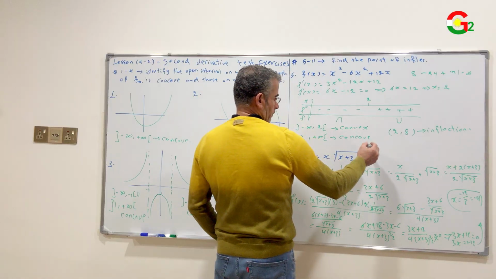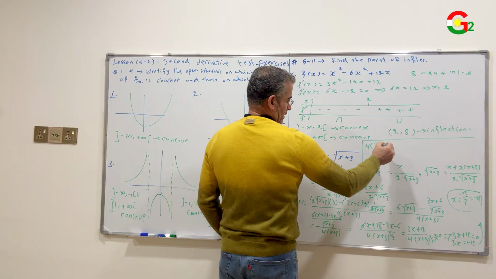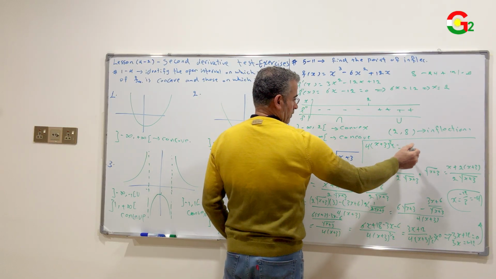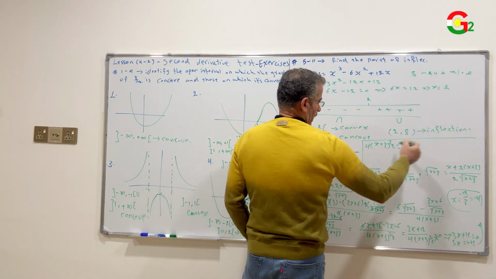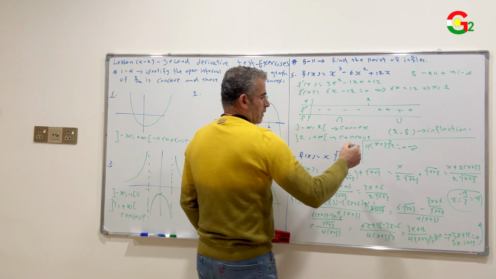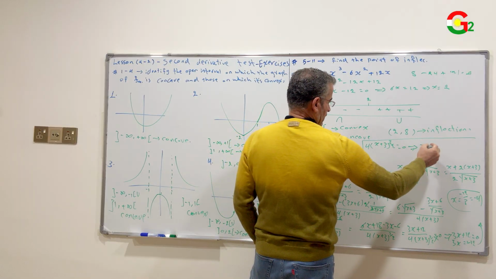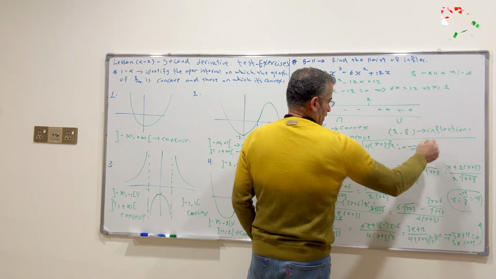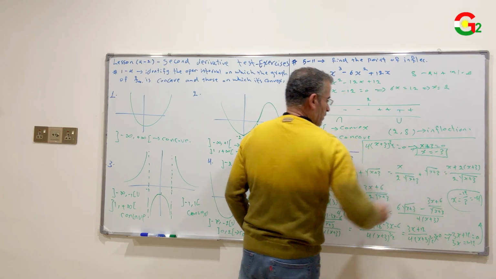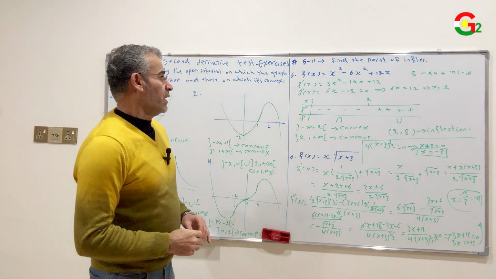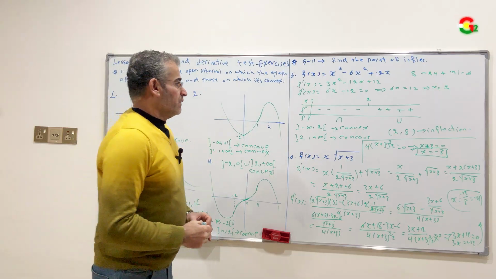If we set 4 times x plus 3 to the power 3 over 2 equals 0, then divide both sides by 4 and take power 2 over 3 for both sides, then x plus 3 equals 0 and x equals negative 3. This is also a critical point. We find the sign of the second derivative before and after negative 3.